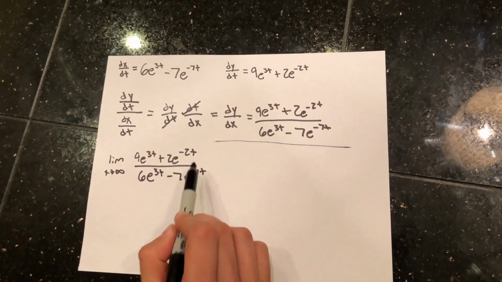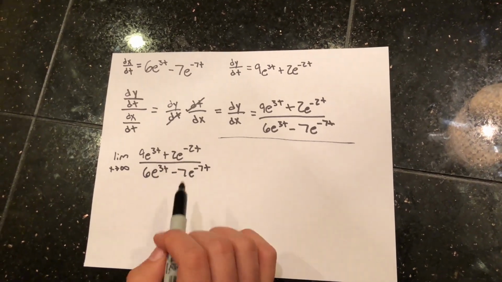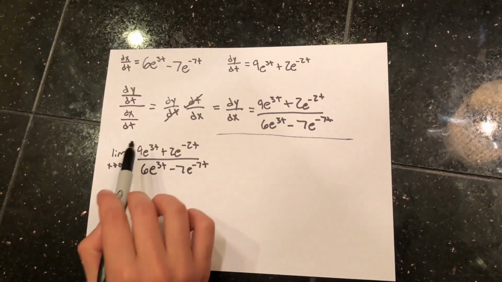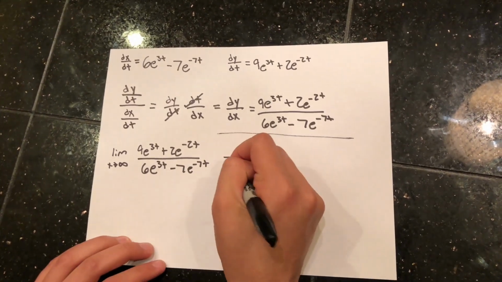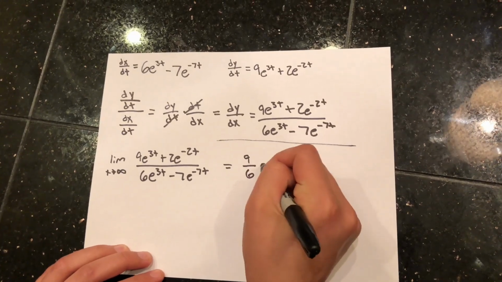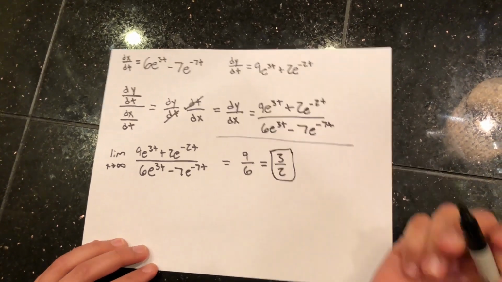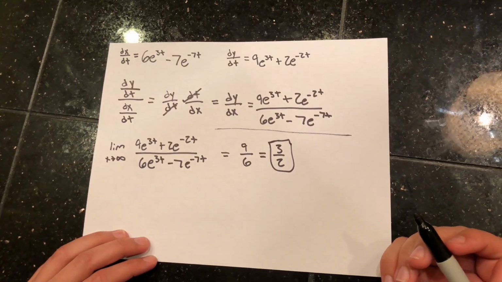And these two will be going to 0 because these are negative exponents, which means it's 1 over that e. So we can ignore this part. So these are equal powers, so we take their coefficients. That's equal to 9 over 6, which reduces to 3 halves. And that's the limit as t goes to infinity of dy over dx.